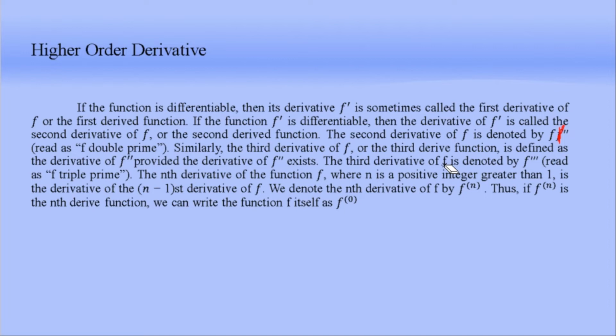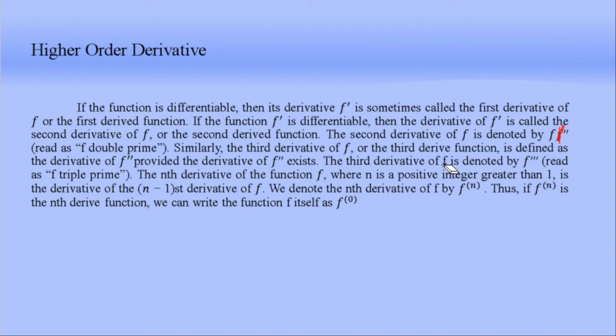Now the nth derivative of the function f, where n is a positive integer greater than 1, is the derivative of the (n minus 1)th derivative of f. And we denote the nth derivative of f by f raised to n. Thus, if f raised to n is the nth derived function, we can write the function f itself as f raised to 0.